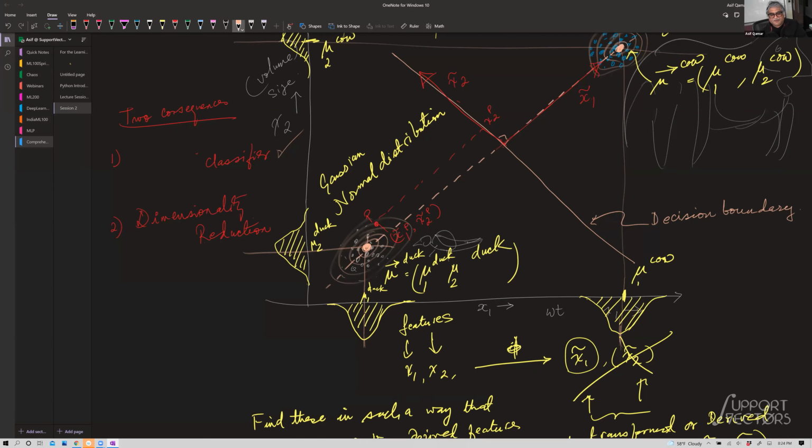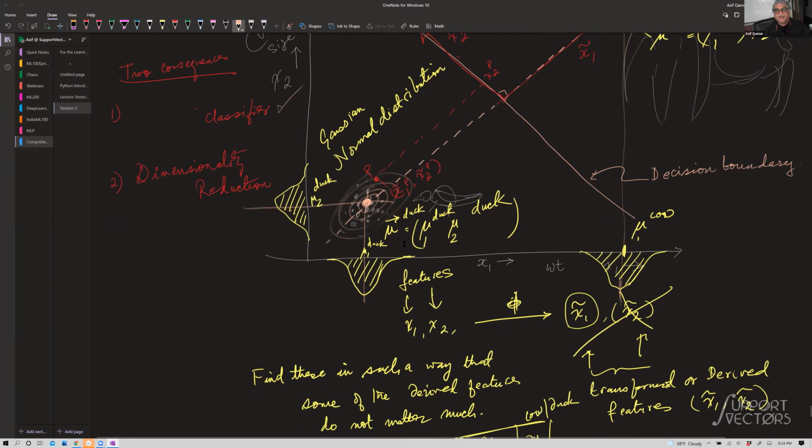The question that you have to ask is, if I rotate to that axis, then the other axes that remain, like x2 tilde, how much do they matter? Quite often you'll find that they don't matter much. They matter much less than the first one. And there is a certain amount of mathematics here which guarantees that this will be true.